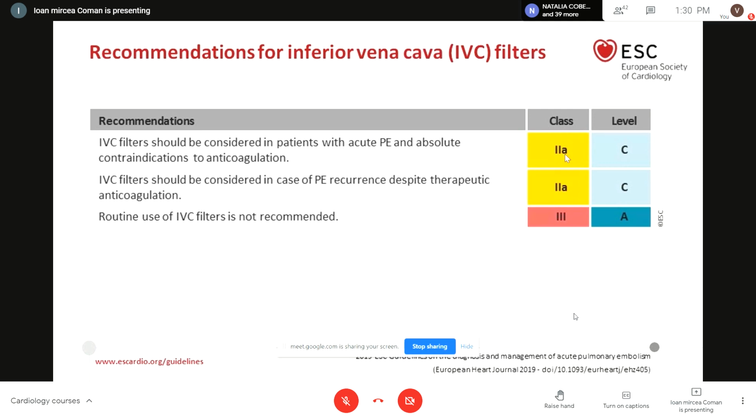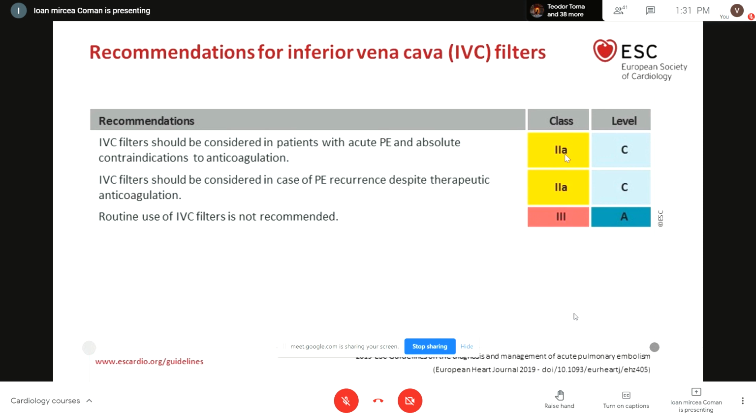So if somebody is at risk of repeating a thromboembolic event because there are more clots in the lower limbs, and anticoagulation is not efficient, then you could stop the clots on their road by inserting a special filter in the inferior vena cava.